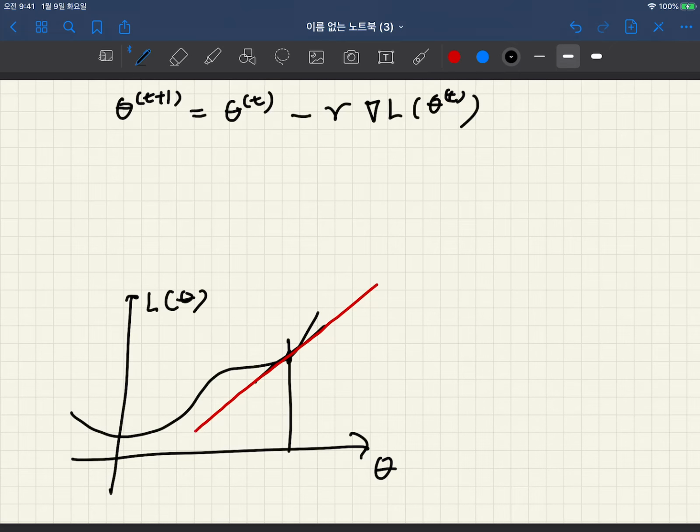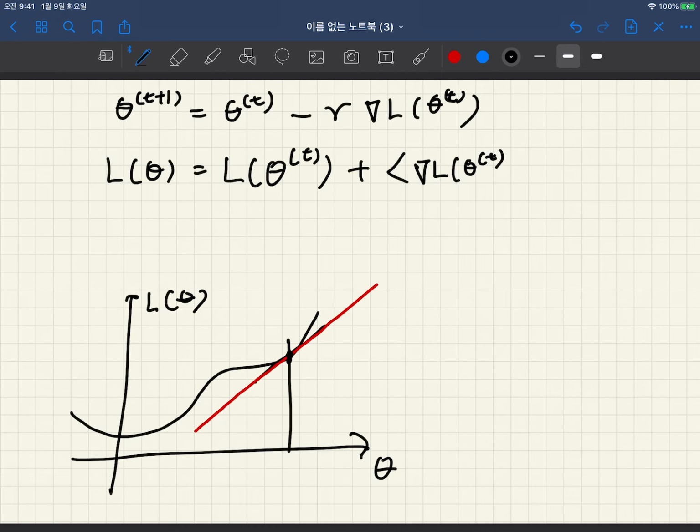Since the loss function is the tangent line at this point, this is the loss value at theta t plus the inner product between the gradient of L at theta t and theta.